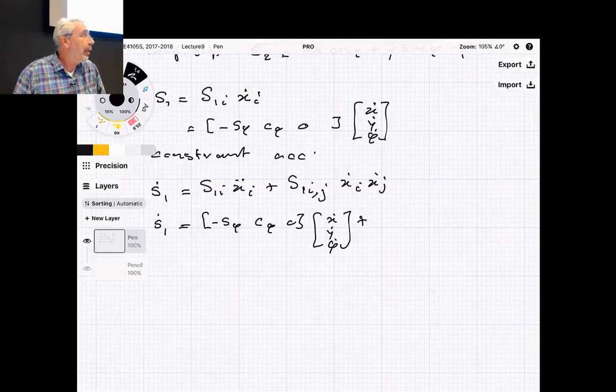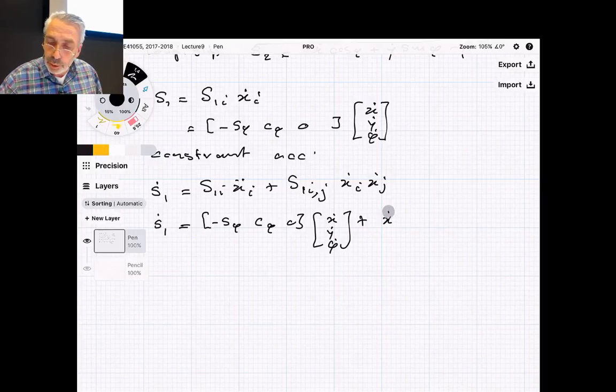So I only have derivatives with respect to phi. This is a scalar thing. So the terms I get is x dot times minus cosine phi, phi dot. And the second one is y dot and a cosine, so again minus y dot sine phi, phi dot.